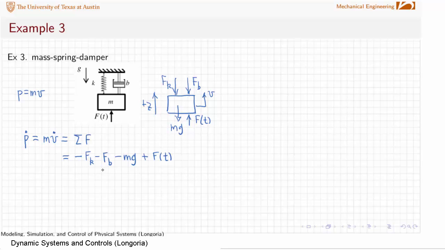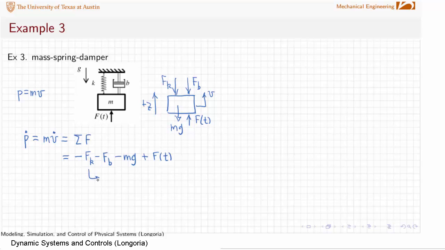And as in previous examples, we have linear elements here, so we know what the constitutive laws are. So we could replace each of these forces here with known constitutive relations, and those constitutive relations have to be in terms of state.